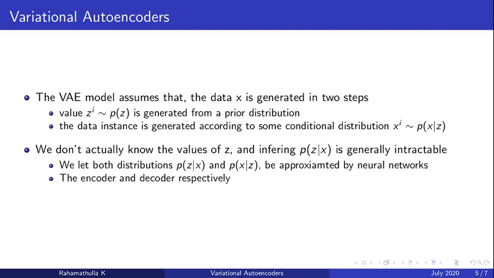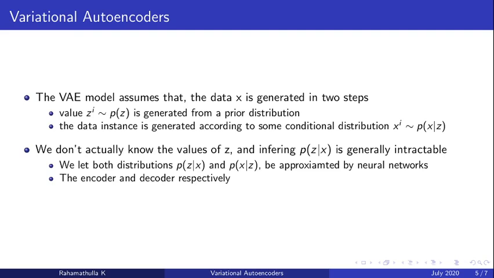Once you have Pz, the instance Xi is generated from P of X given Z. So it's a conditional distribution. You have a prior distribution, and the distribution of data X is conditioned on the prior distribution.